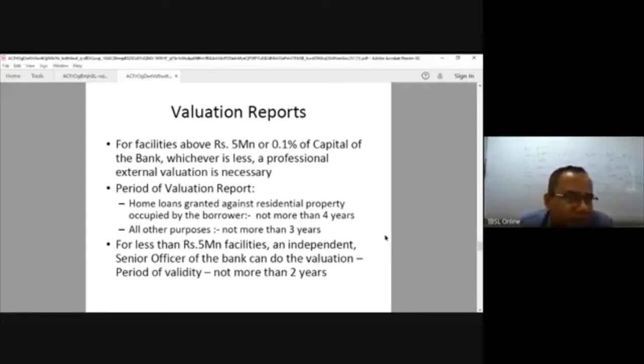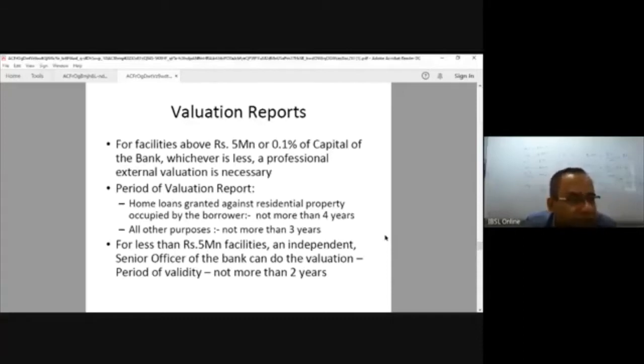They only say that, for example, let us say a particular property, due to something, a roadway has come or a flyover has come or a factory nearby has come, the value of that particular property has changed, right?